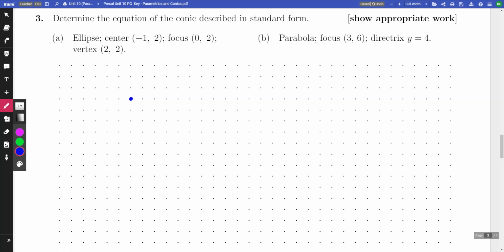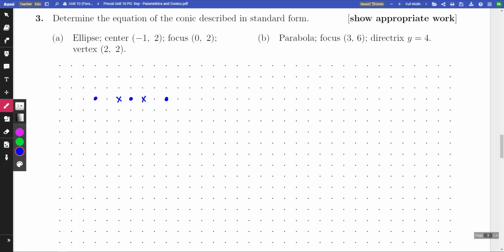So we know that if I go over 1 unit to the right, I have a focus. And if I go 3 units to the right, at (2, 2), then I'm going to have a vertex. That means that if I go 1 unit to the left, I'll have a focus, and if I go 3 units to the left, I will have a vertex.